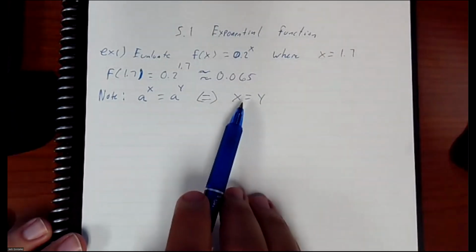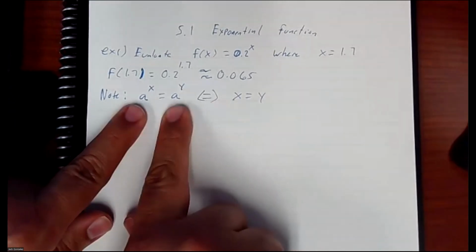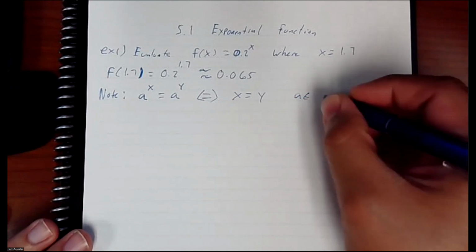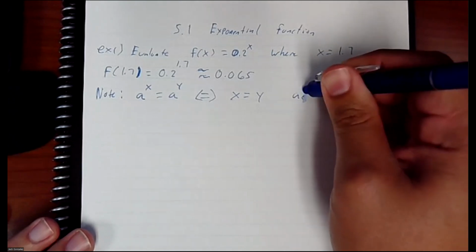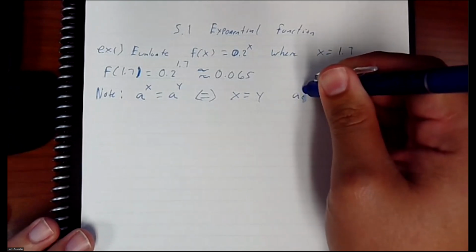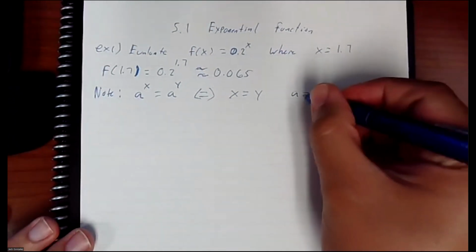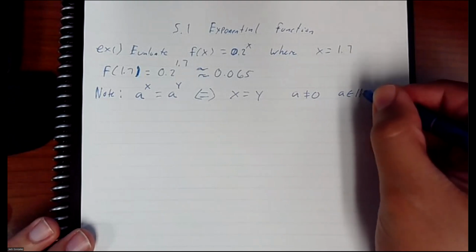So you can go backwards and forwards. If I have this, I can choose a base and change it to that, where a is not equal to 0, and a is a real number.